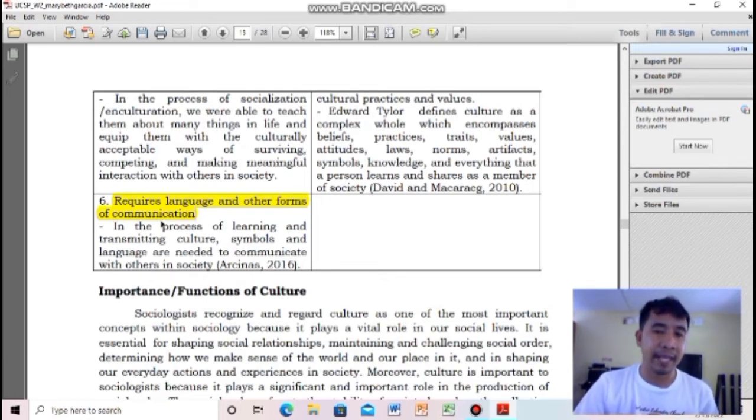With symbols, we may use a sign that has one meaning for one person and another meaning for you, because we don't have unified symbols. Unlike language, if you speak Filipino or English, they can usually understand. If you speak English, it's because English is a universal language.